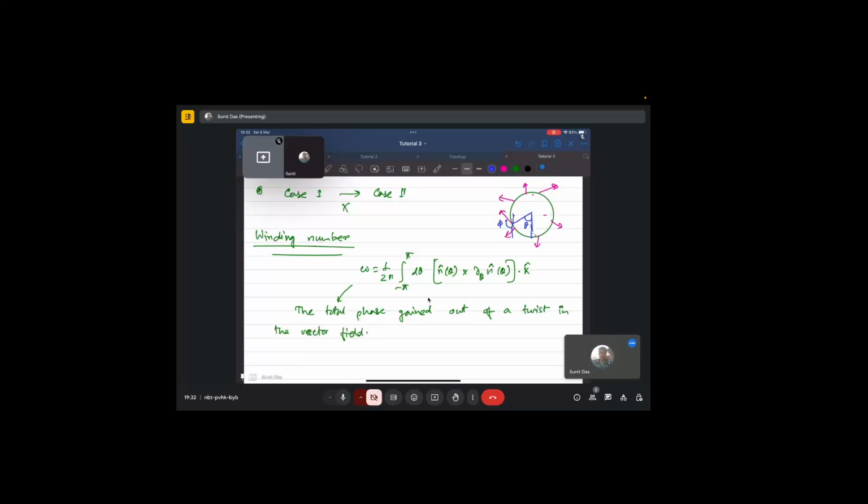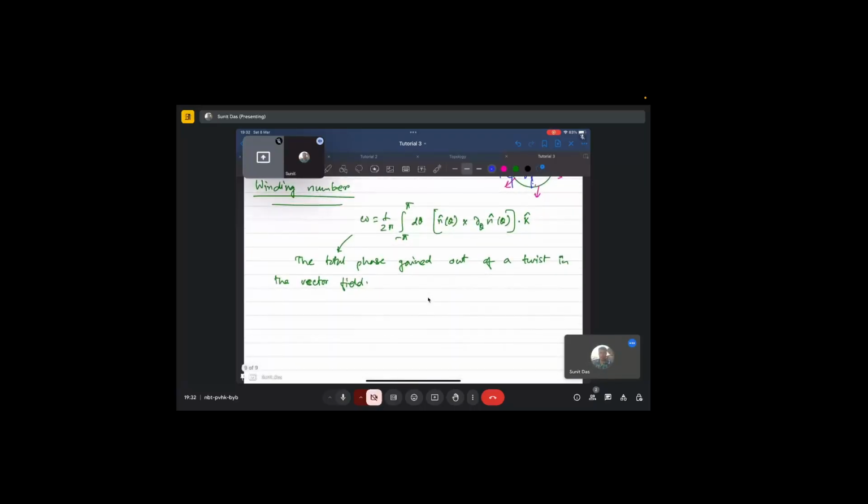Essentially for this kind of vector field, theta is different, so you have a gradient of n with respect to theta, del theta of n cap theta. n cap is just the direction.